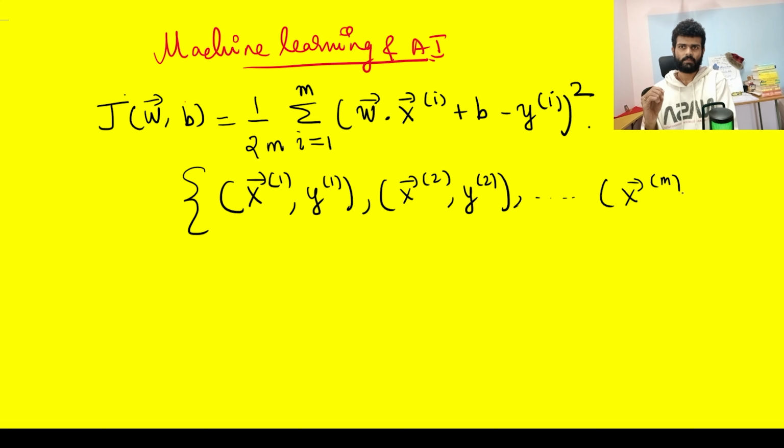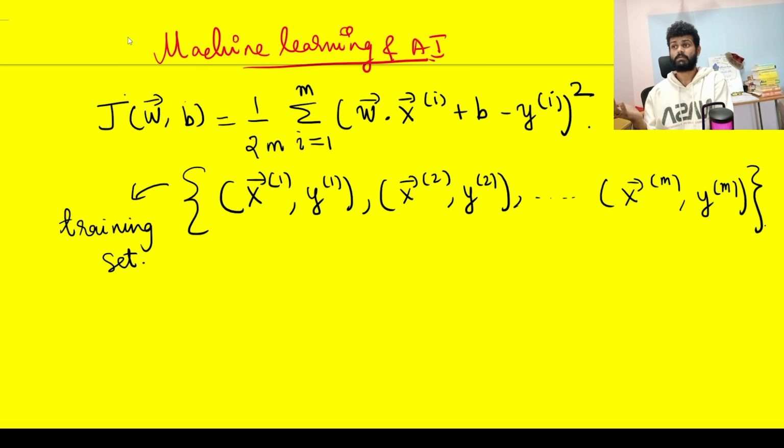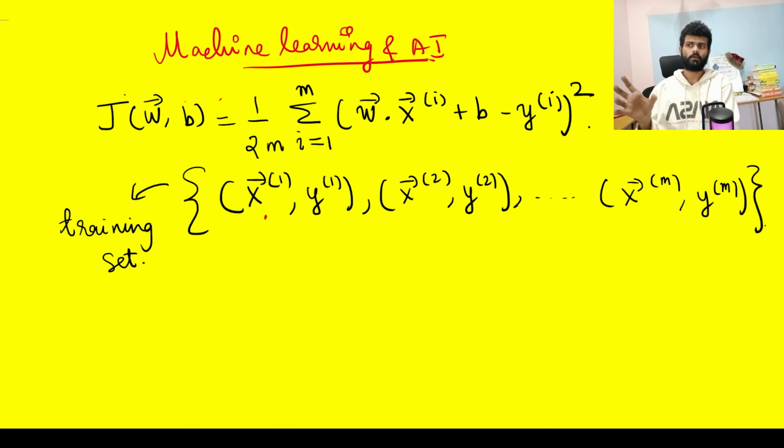So xm, ym. So there are m vectors. In machine learning, this is also called the training set or the data set. So this training set is composed of the input.